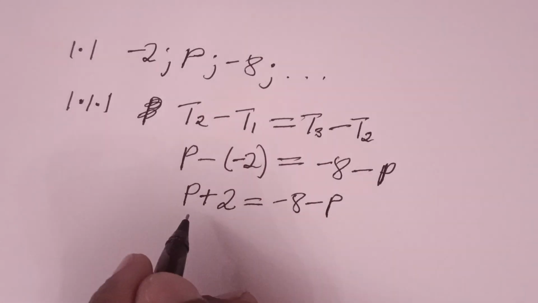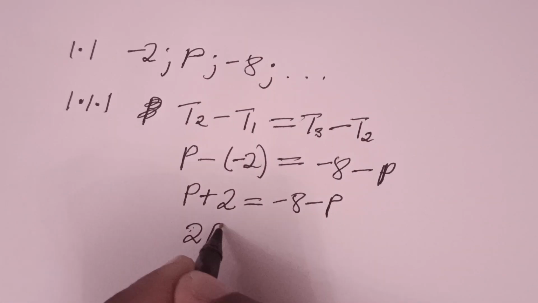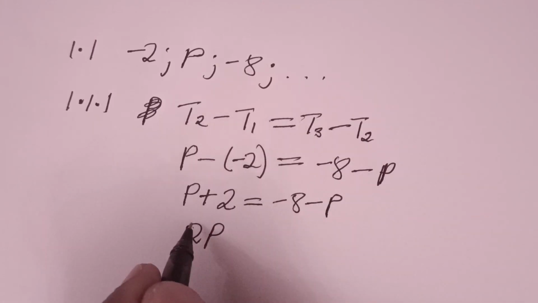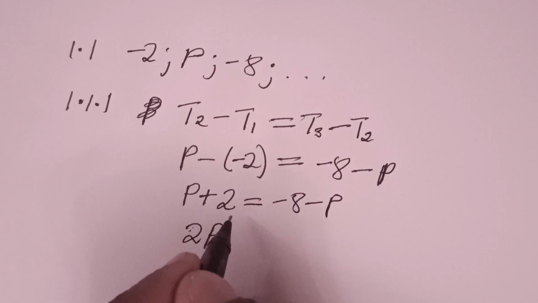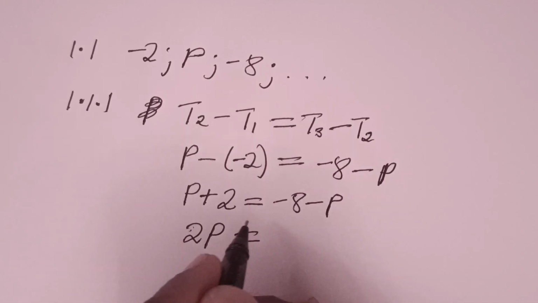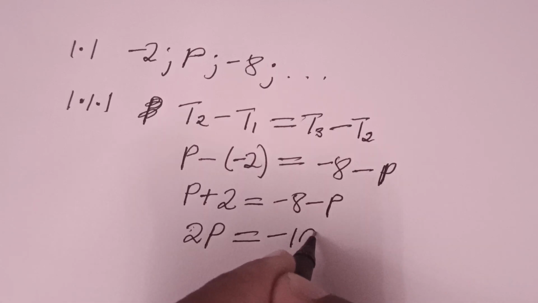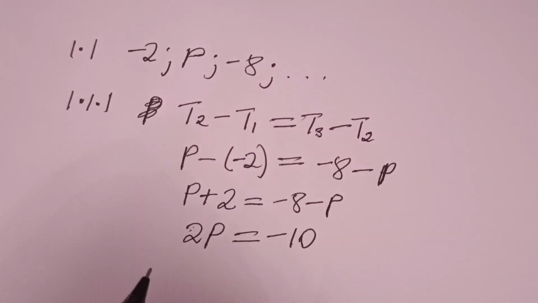That would mean if I take p to the other side, I would have a 2p, because when you take the p to the other side, it becomes positive. There'll be a 2p. And when you take the 2 to the other side, it's going to be a -2. So it's going to be -8 minus 2, which gives you -10.